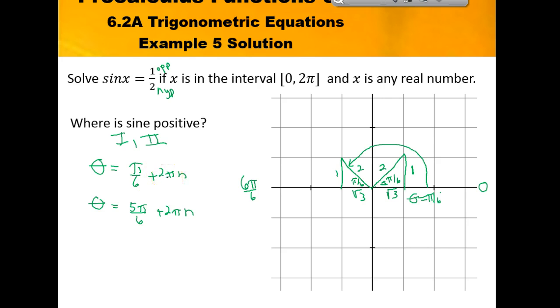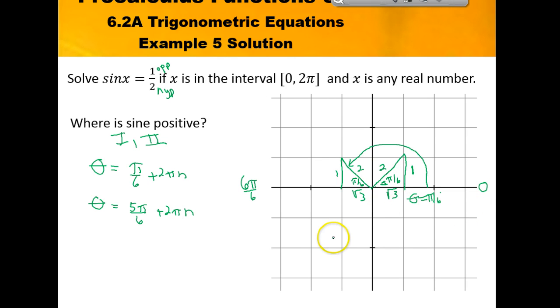That would be 12 pi over 6 plus another pi over 6, which is 13 pi over 6, which is not this next one, 5 pi over 6. So that's one way of knowing that you need the two separate ones.